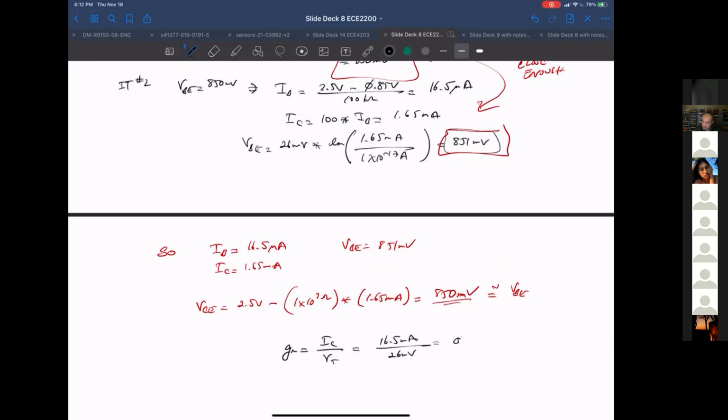So it's 0.63. Excuse me. That should be 1.65 milliamps, right?